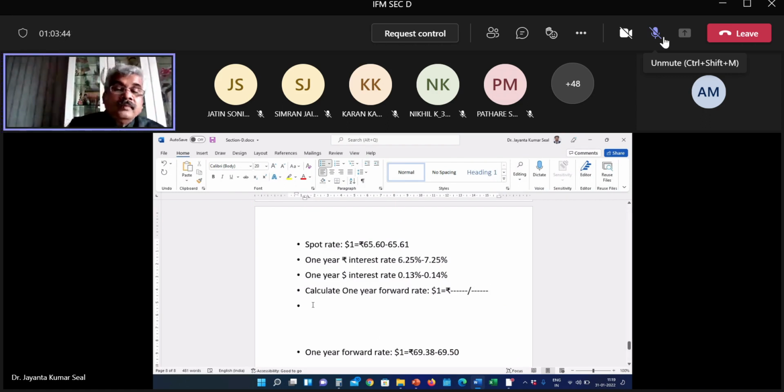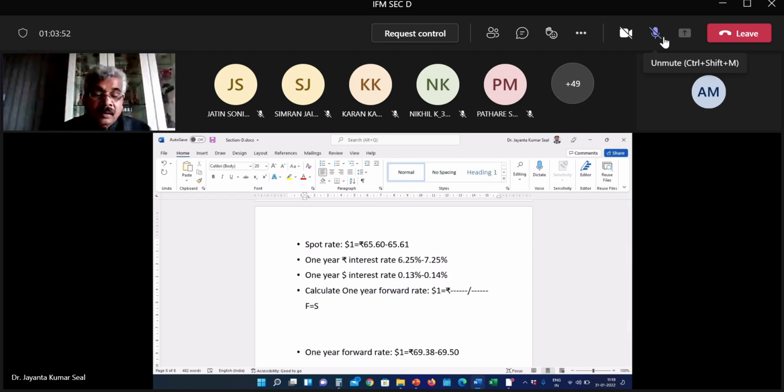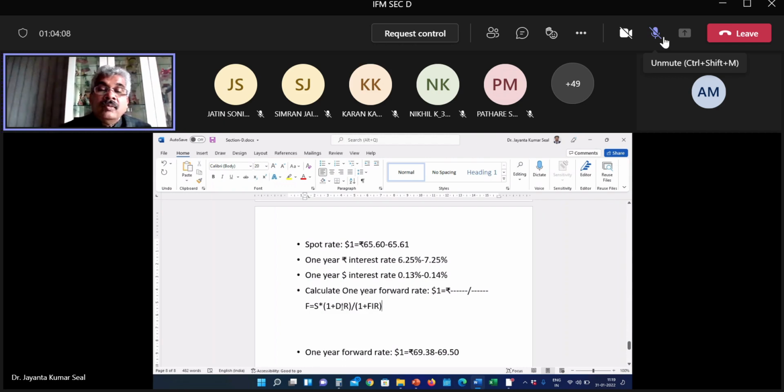Can you do that by applying the formula? Forward rate equals spot rate into 1 plus DIR divided by 1 plus FIR. This is the formula you have to apply to find this rate.